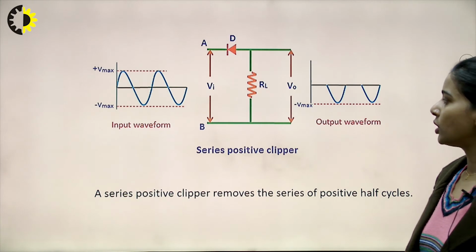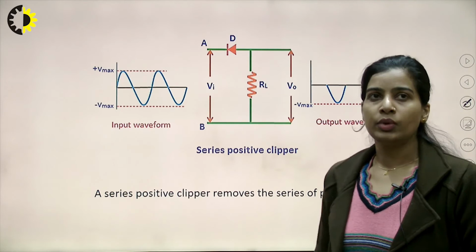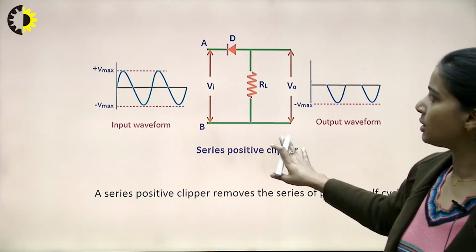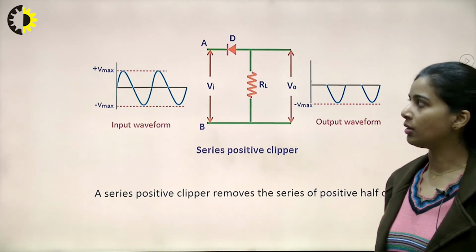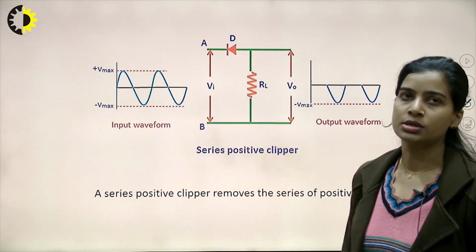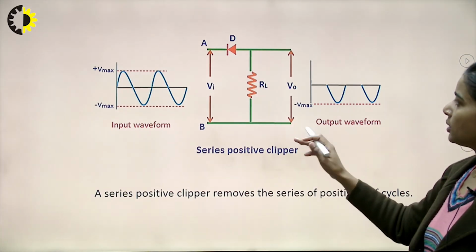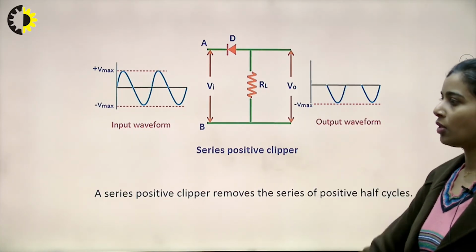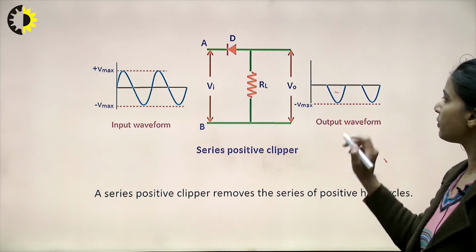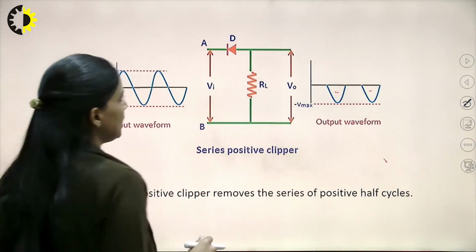This is the circuit for the series positive clipper, and if you recall the previous diode circuits, it is similar to the half wave rectifier. Here we have one diode and we take the output across the load resistance RL. In this type of circuit, the positive waveform of the input is clipped off and we get the negative cycle of the input waveform. So how is it happening?